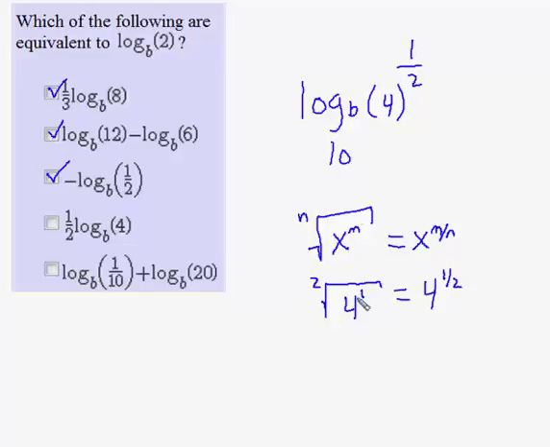Since the square root of 4 is simply 2, I once again get that this expression is equivalent to log base b of 2. So I will check off the fourth one as being equivalent to this as well.